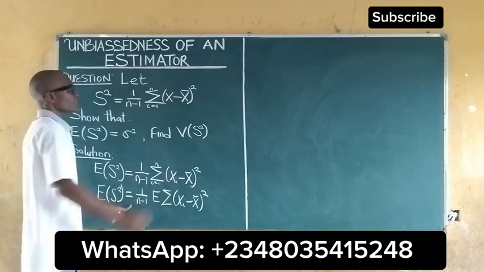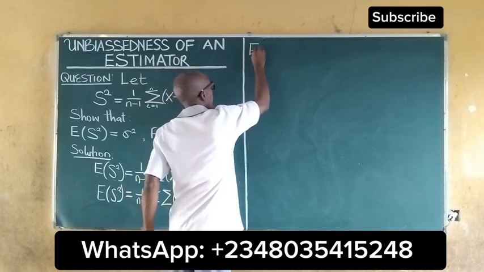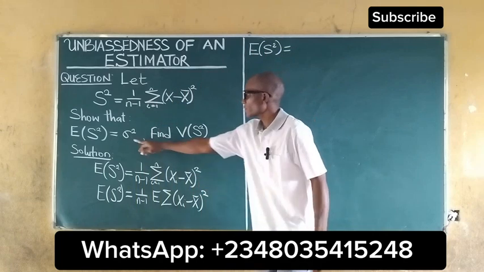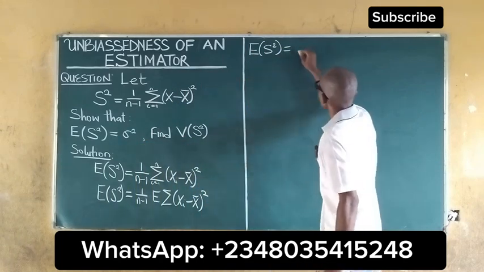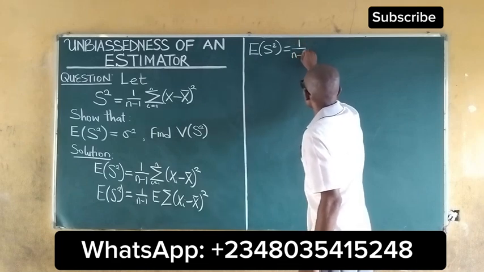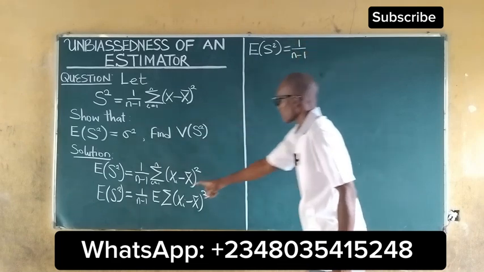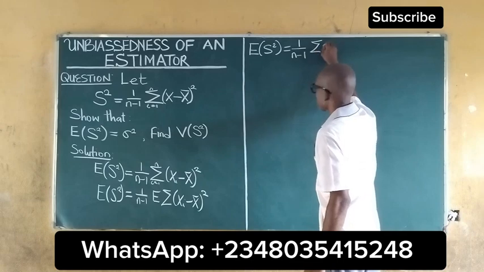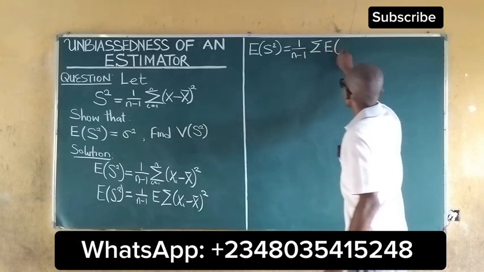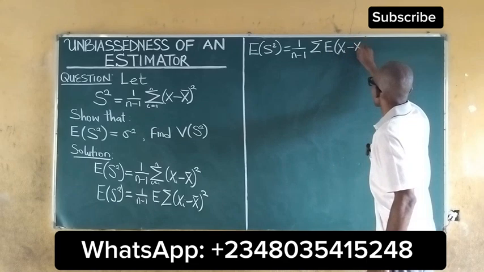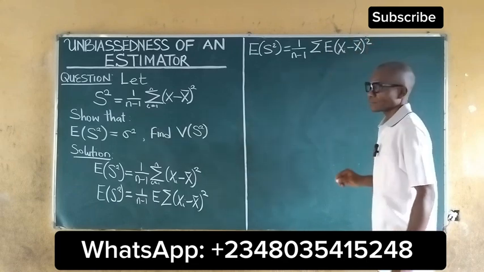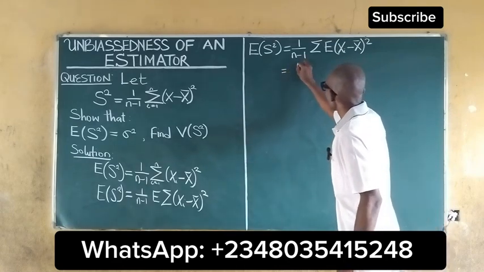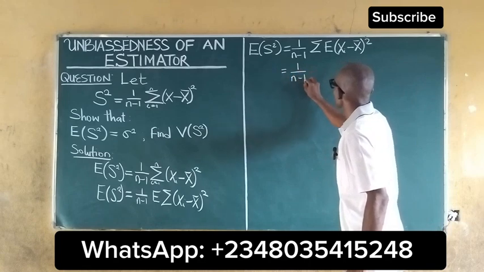So the next thing to do, we come here: the expected value of S squared, we want to show that it's equal to the variance. It's equal to 1 all over n minus 1, and we know that this is a summation sign, so we write it as summation of the expected value of xi minus x bar all squared, which is the same thing as 1 all over n minus 1.